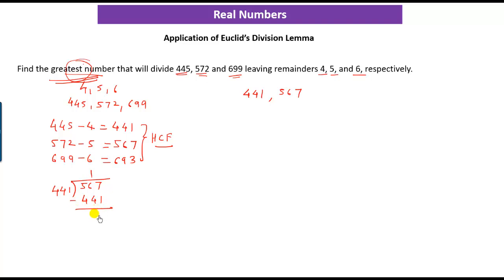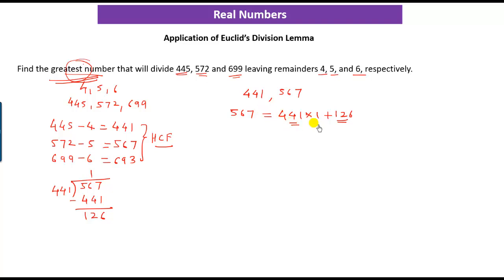So the remainder will be 126. So this we will write as 567 is equal to 441 multiplied by 1 plus 126. Again the remainder is not 0, we will still solve it further.